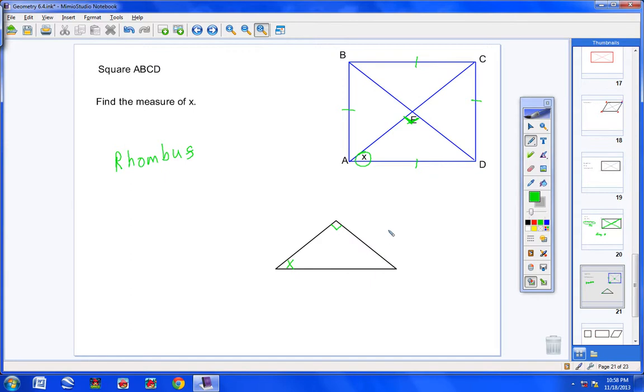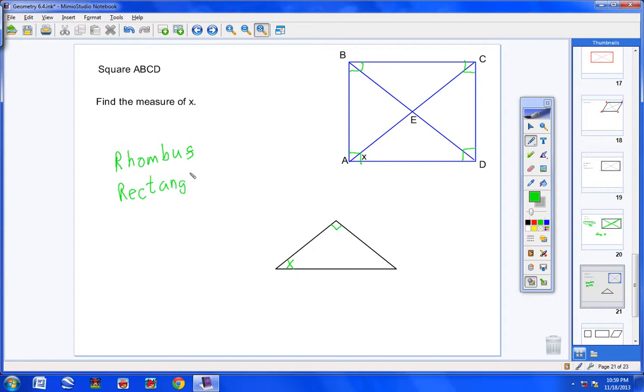But guess what else I know? Come on, students, think about this. Remember, if I have four right angles, and I do have four right angles, then not only do I have a square, and this is also a rhombus, I also have a rectangle. This is a rectangle too.